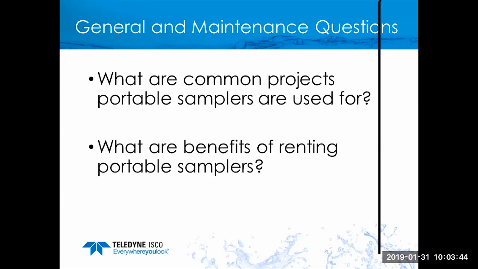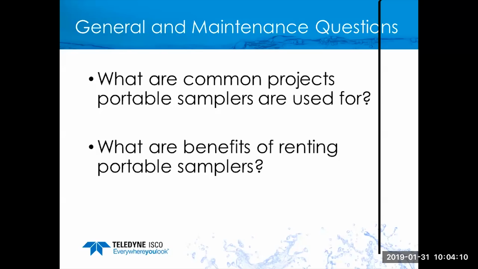These applications typically would include remote applications such as stormwater sampling, where you may have a system set up at a storm drain or storm channel of some sort, where you're going to be triggering and collecting samples based upon the event of a storm. These applications can involve moving from site to site, or they can be more permanent in nature.